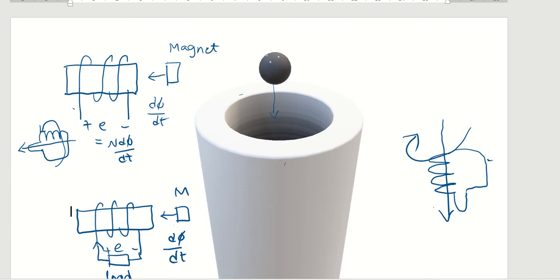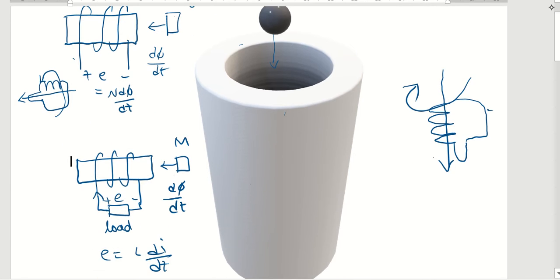But if this is closed with some load, or even short circuited, then as there exists a potential difference, it drives some current in this direction. So due to this change in flux, it develops an induced EMF, and this potential difference, when driven through some load, will have some current through it.